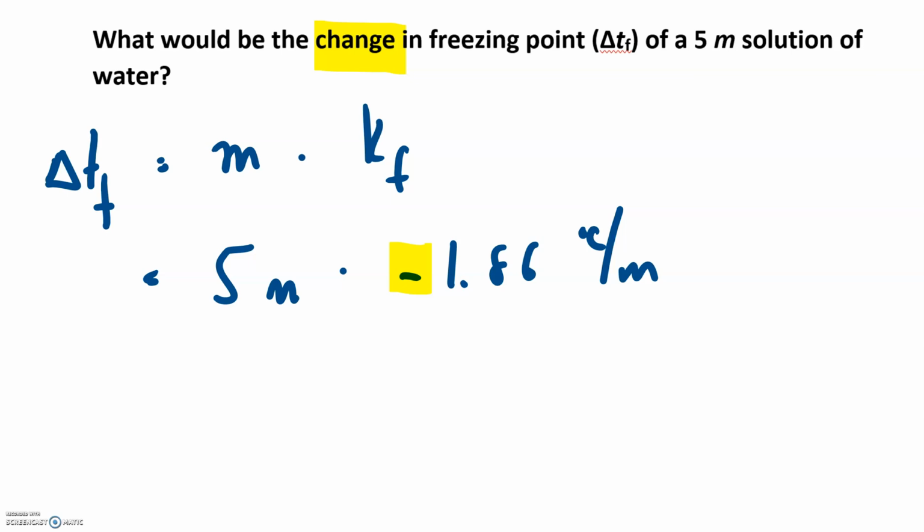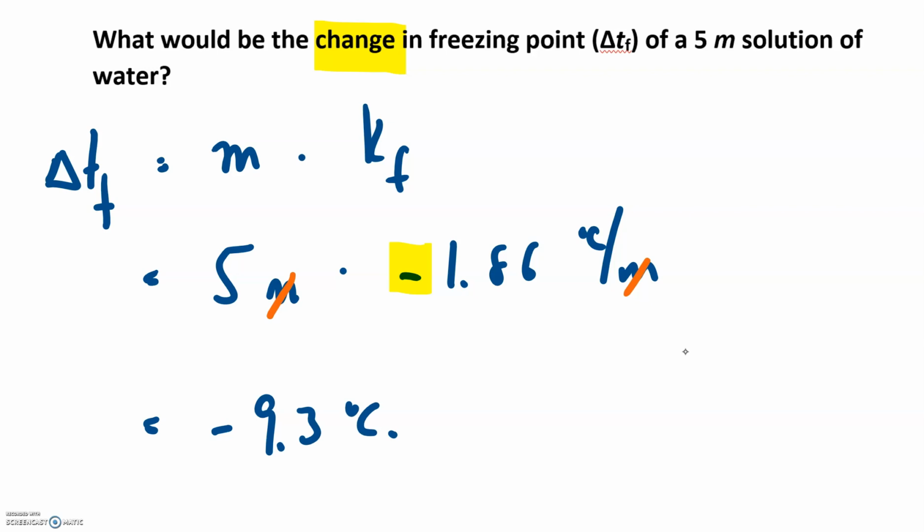So taking our calculator, I'm going to say 5 times negative 1.86. Notice that molality cancels, and our new freezing point is lower by 9.3 degrees.